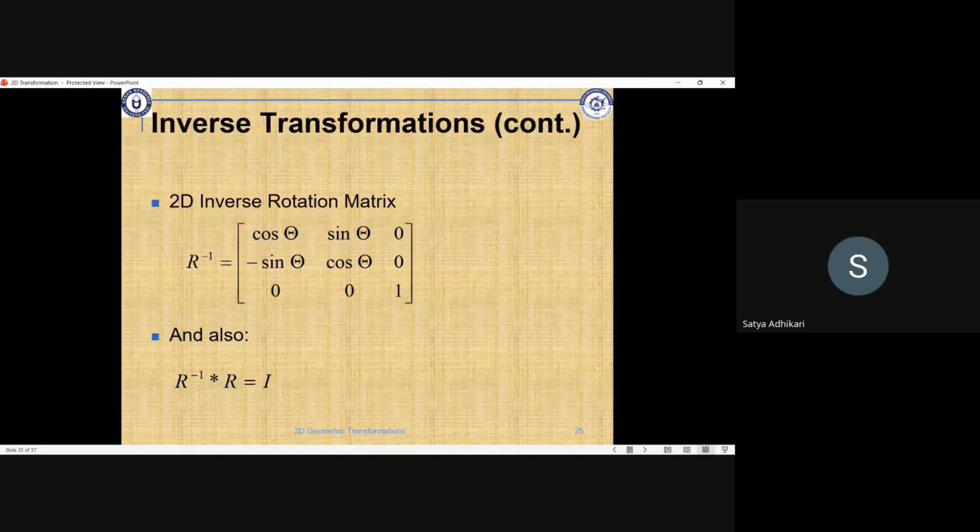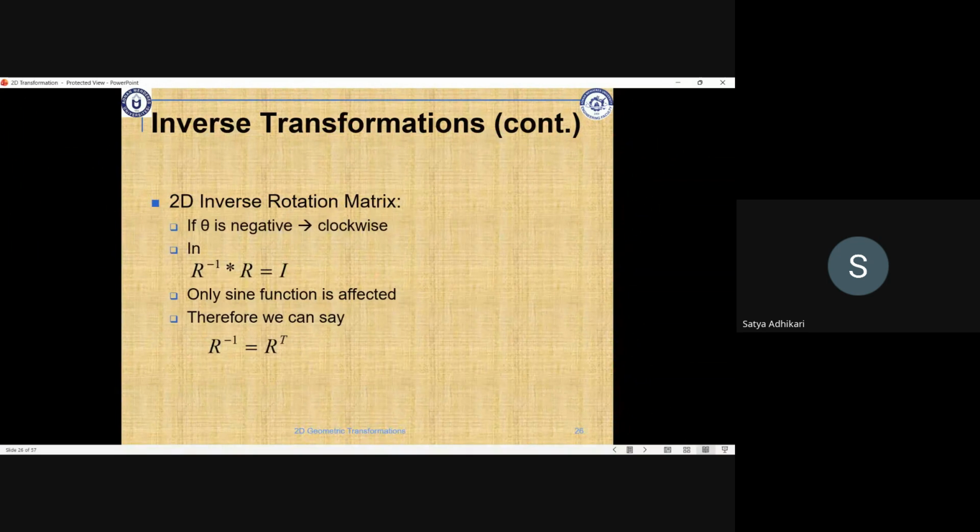Transpose means you change rows into columns and columns into rows, and vice versa. So as only the sine function is affected, we can say R inverse equals R transpose, RT, which I have already discussed.